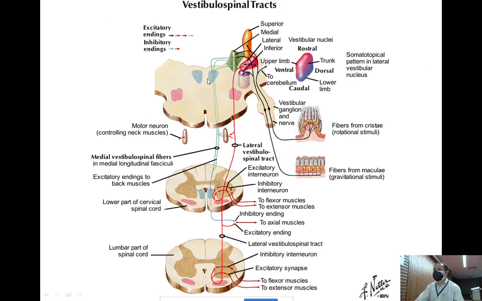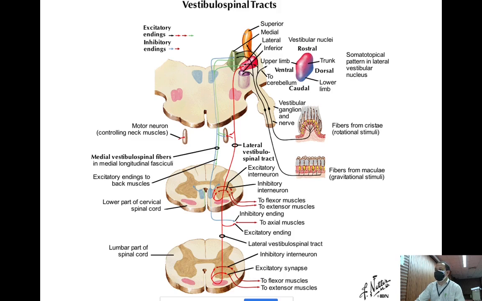Now this is the last tract, the vestibulospinal tract. It takes origin from the vestibular nuclei. There are 4 nuclei: the lateral, the medial, the superior, and the inferior nuclei. But basically these tracts take origin from the lateral and the medial nuclei.